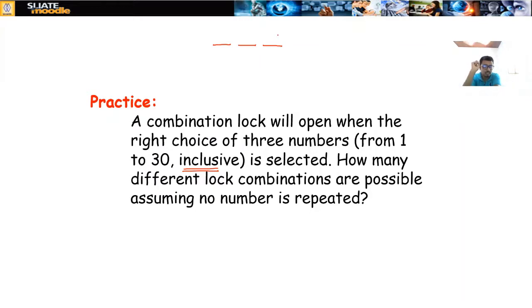Yes. If the lock opens with 541, would 145 work here? No. Would 154 work? No. Why? We need to consider the order. First 5, then 4, then 1. So order matters.